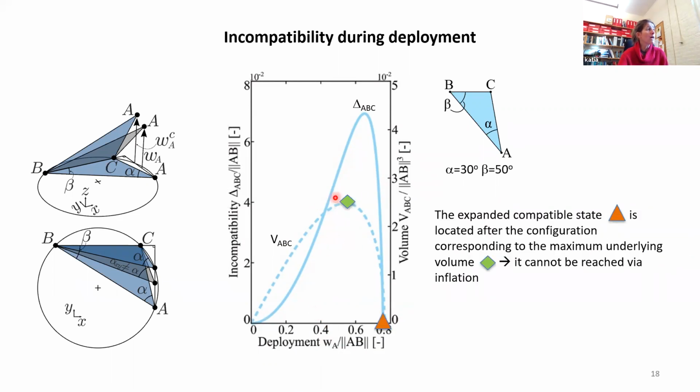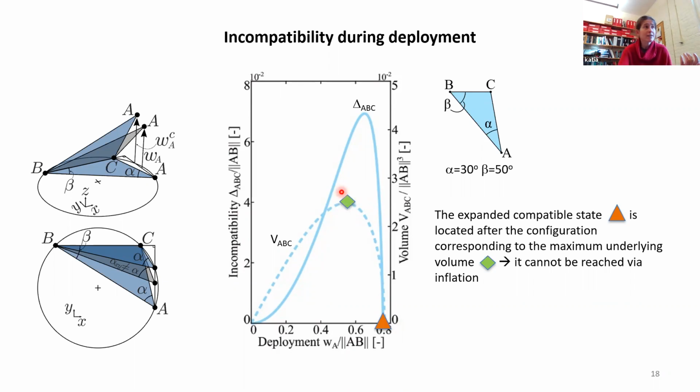Why is there a problem? The configuration with maximum volume occurs before the expanded compatible configuration in the deployment process. So if I want to use inflation to move from the flat configuration to the expanded configuration, it's not possible, because I'm going to stop at the maximum volume configuration.